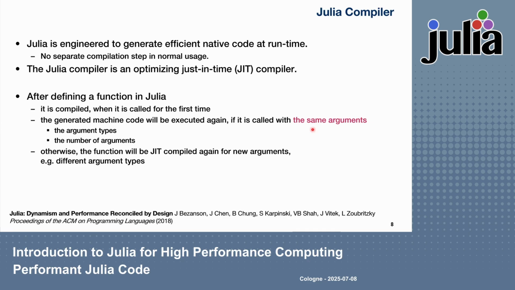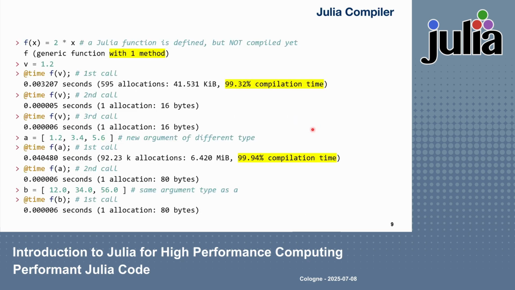This sounds confusing. Yes, that is why we have a very simple but very effective example for you to understand this procedure. First of all, we have this lovely but very simple function f(x) = 2 * x. By the way, you can ignore the star in between because Julia is smart.